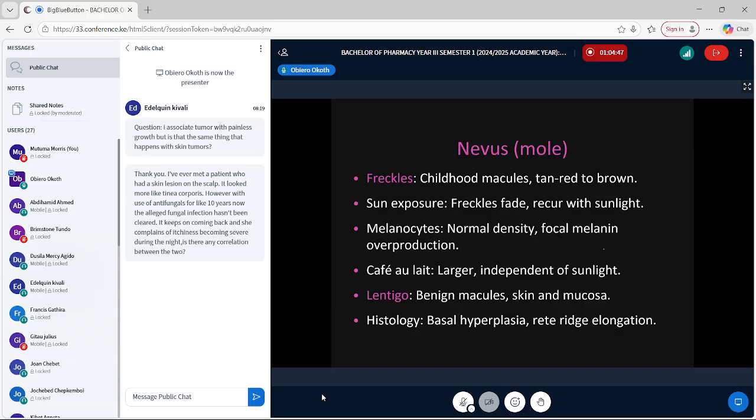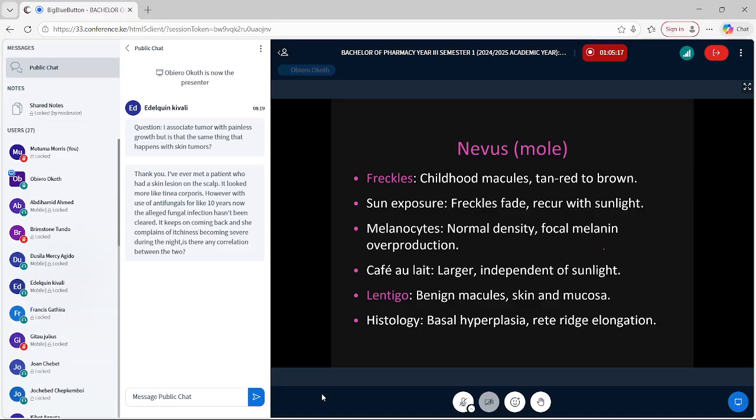A skin lesion on the scalp, yes, tinea capitis. And as I said, tinea capitis doesn't respond. Tinea capitis we see mainly in children. Be careful calling something tinea capitis in an adult unless they are immunosuppressed.